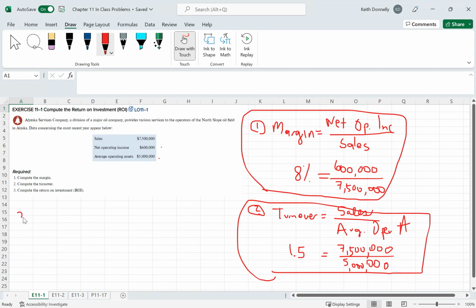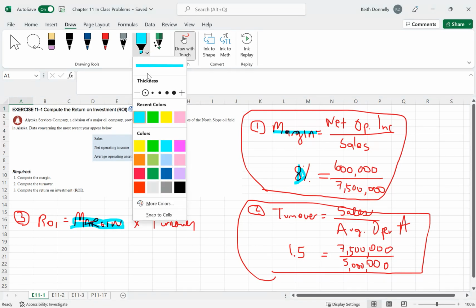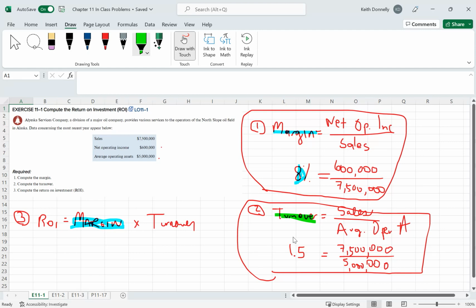3 here, they want ROI, return on investment, which you can calculate in a couple different ways. How we're going to do it here is we're going to take our margin times our turnover. So we have our margin of 8%, and then our turnover of 1.5.